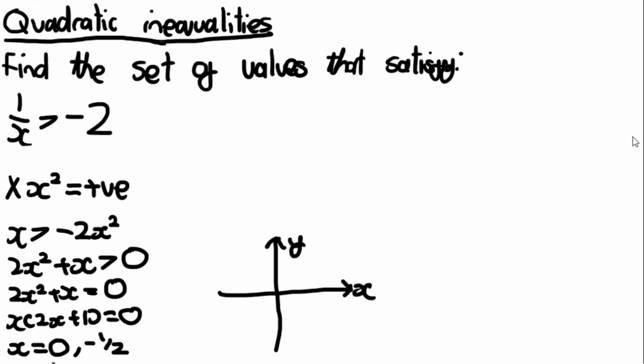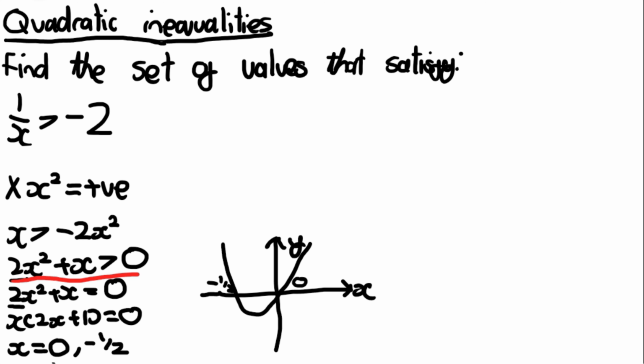We know it's a positive parabola because the coefficient of x squared is a positive number, and we know the roots are 0 and minus a half, so we can draw the graph looking something like this. Once again, accuracy isn't too important. This is more just to help you. Now you need to compare this to the inequality that you made over here.